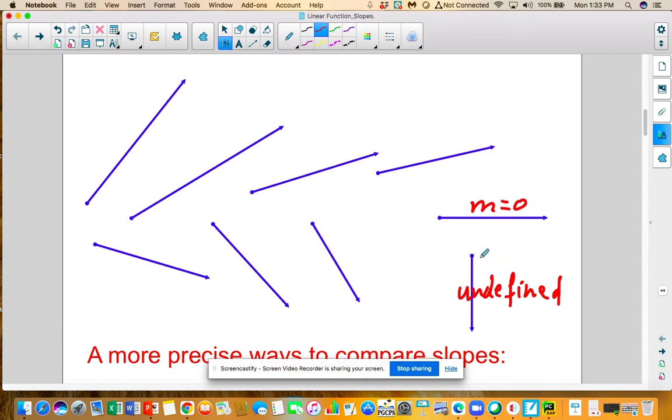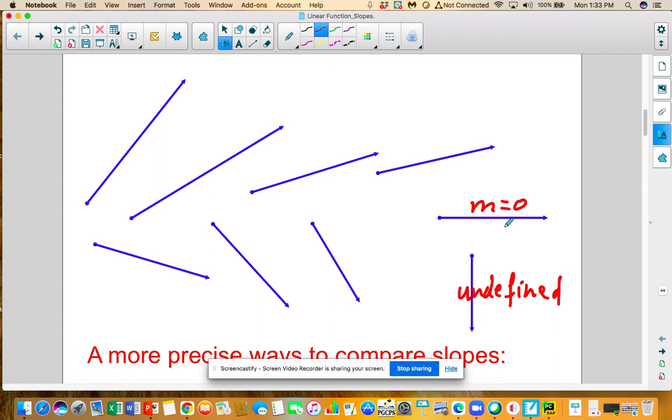So be careful. Undefined and slope of 0 are not the same thing. When we demonstrated for the vertical line, in a vertical position, I couldn't put the pencil down on the surface, all right? But for the horizontal line, I was able to put the pencil down. It was just not rolling, okay?